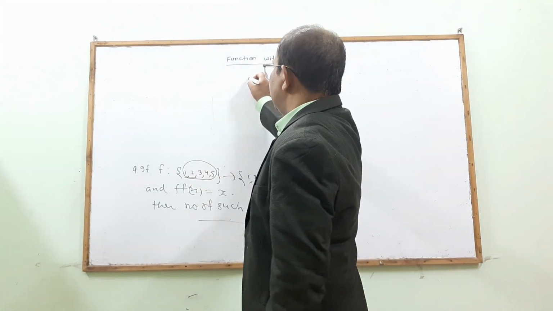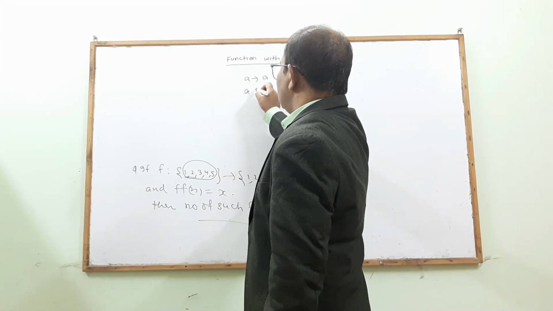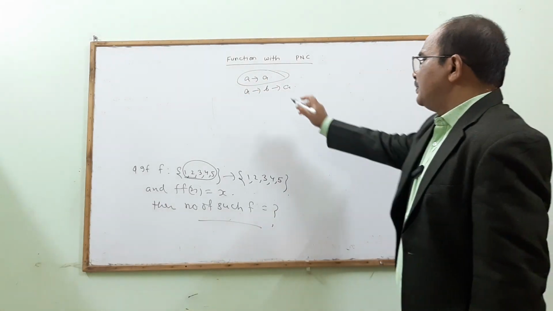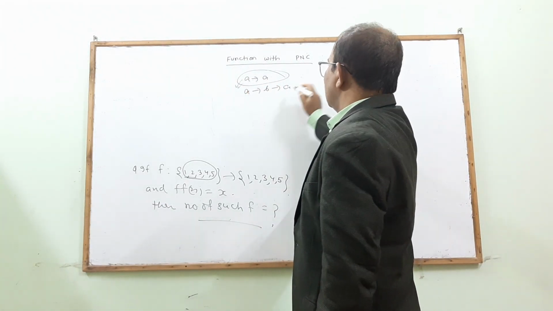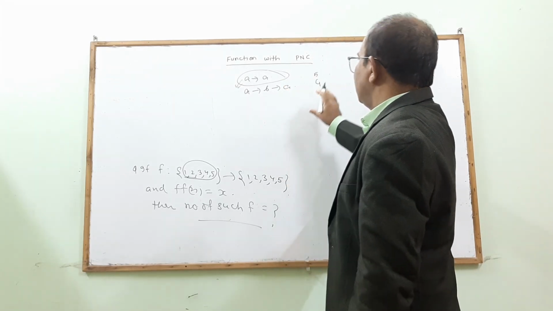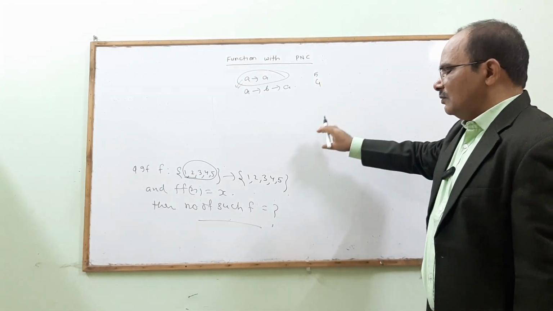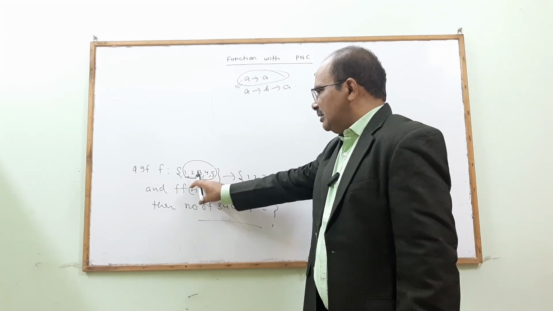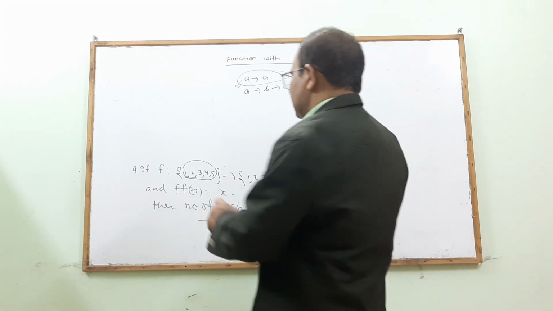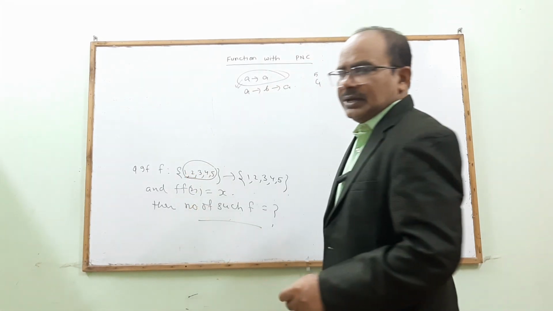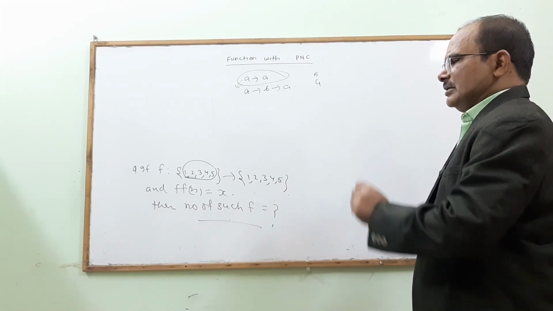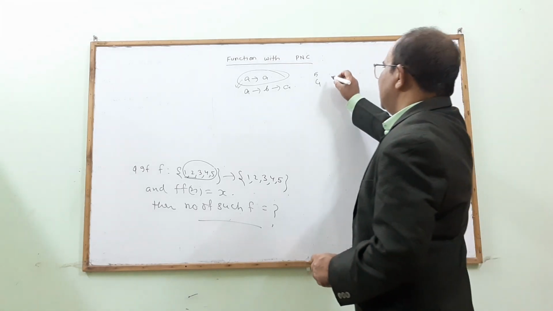If we consider A to A, and A to B and B to A. If the A to A part is taken, for this we have 5C1, by which we can select one of the elements of this function. There are remaining 4 elements, and these 4 elements can be taken in pairs in how many ways?